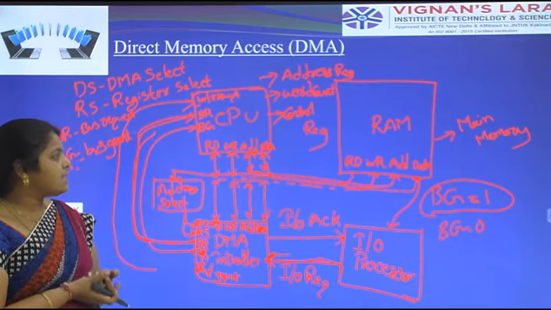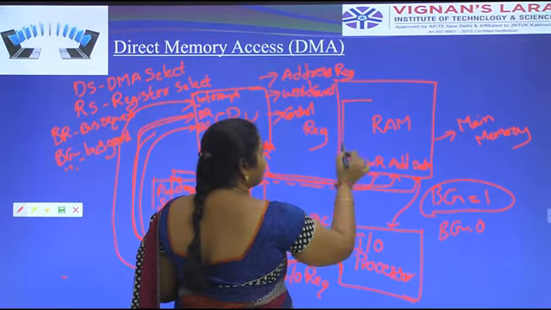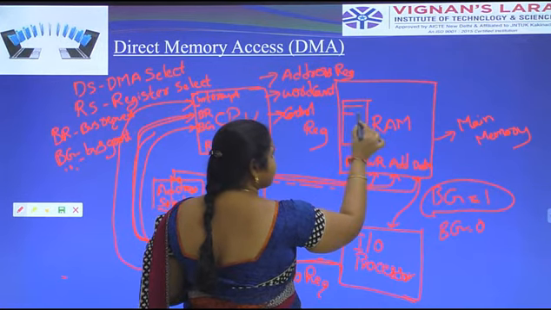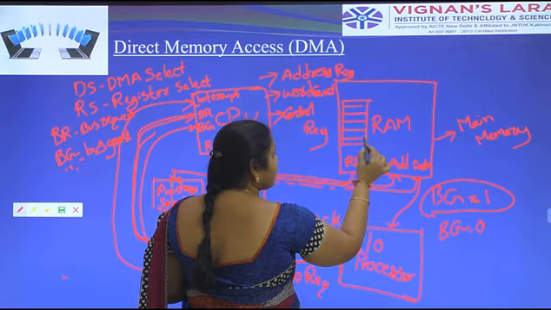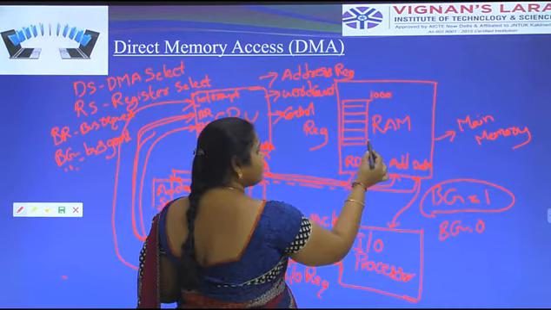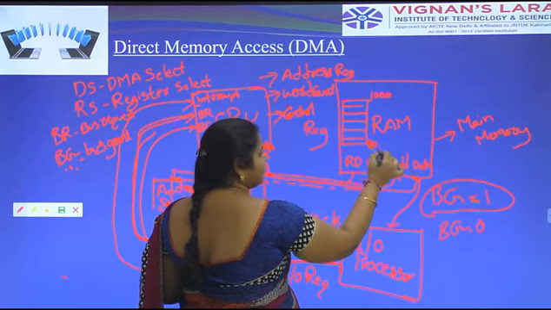Okay, address register means, for example, in RAM we have a memory like this. The memory contains some locations, consisting of some addresses: 1000, 1001 and so on, 10,000 like that.